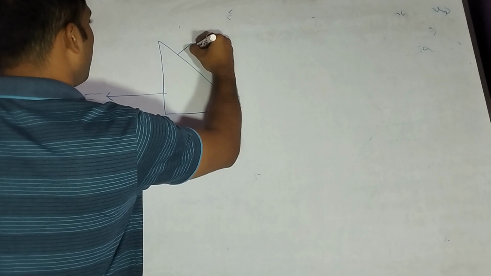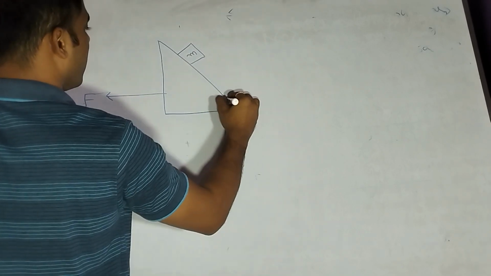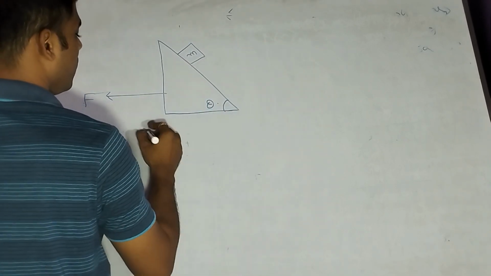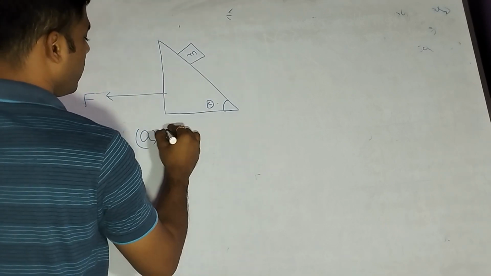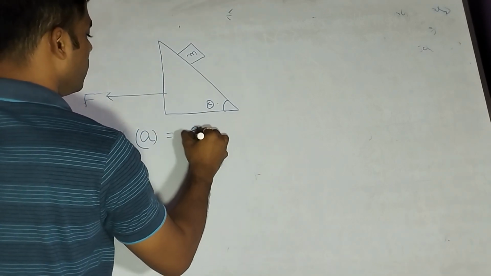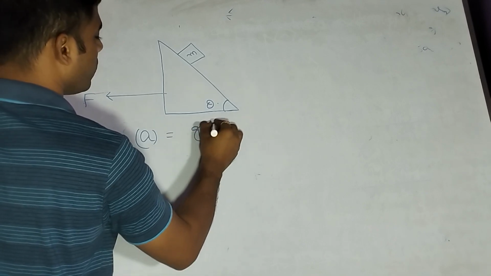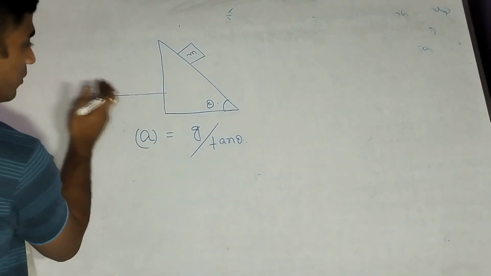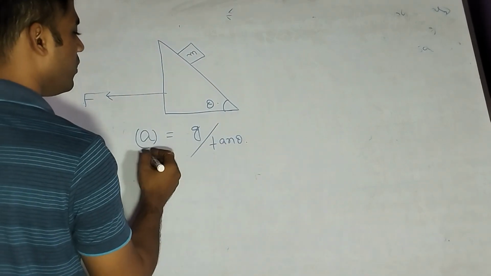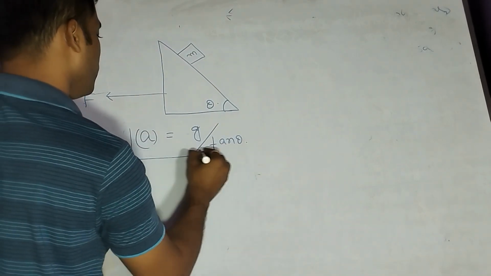The block has mass M and the angle is theta. First, calculate the acceleration of the body. A is equal to g by tan theta. If the direction of the force is opposite, A is equal to g by tan theta.